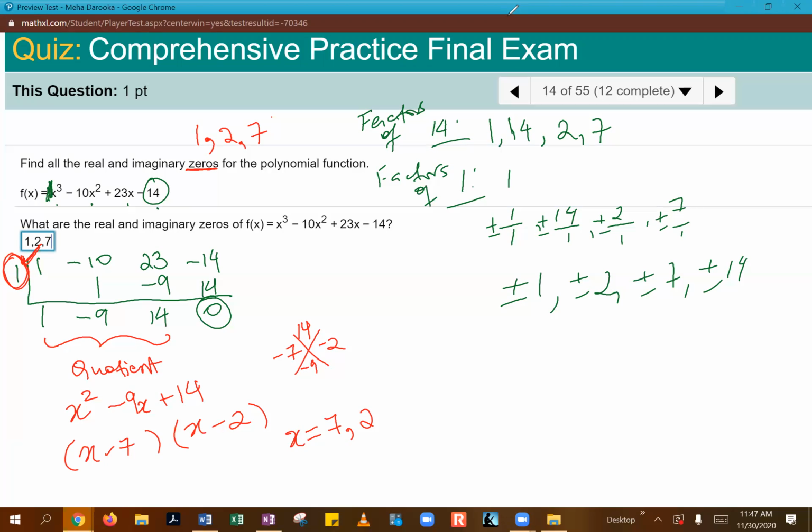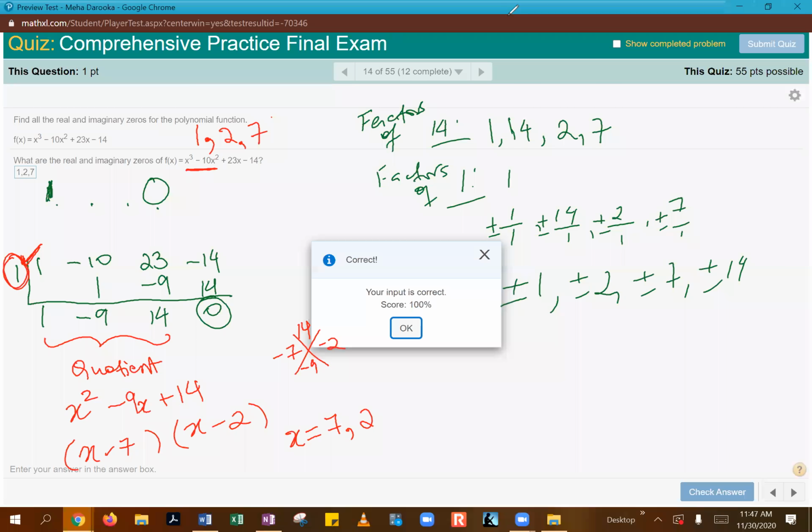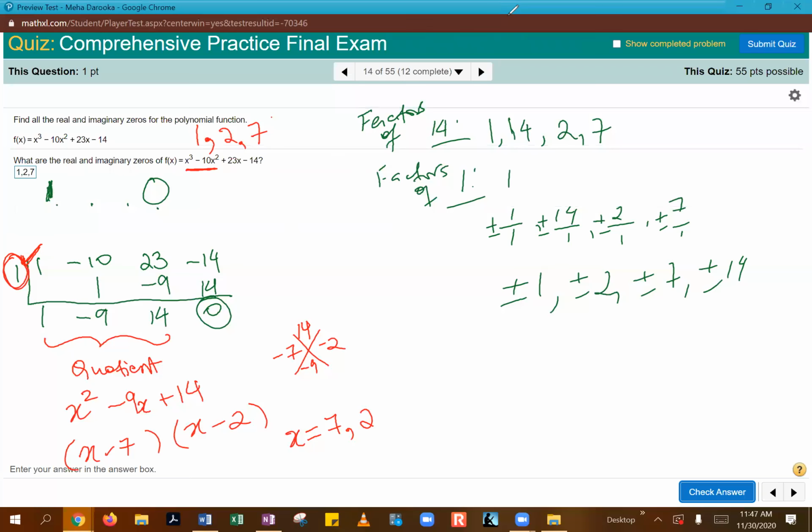You can use the upper bound, lower bound, the theorem on bounds to help you out. You can use Descartes's rule of signs to help you out. There are other theorems and rules that can help you narrow down some of these options. Okay, so let's check this answer and we are good to go.